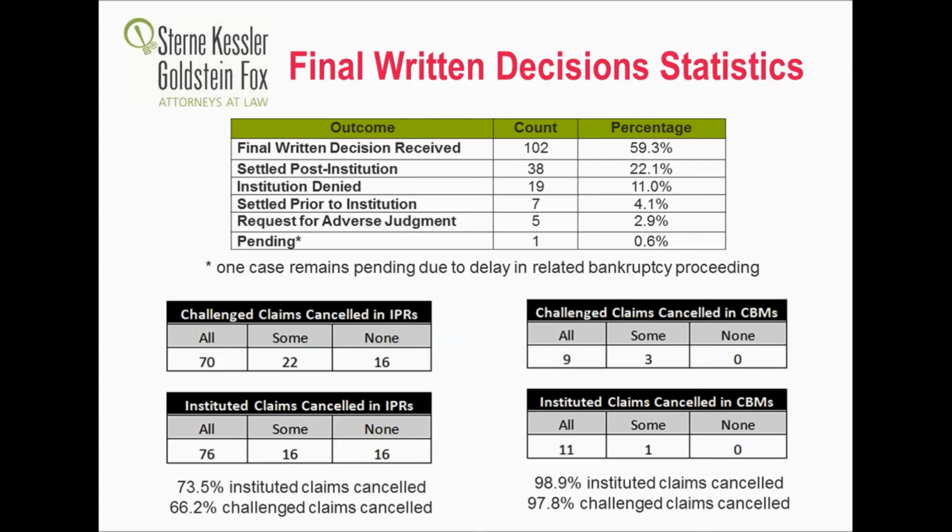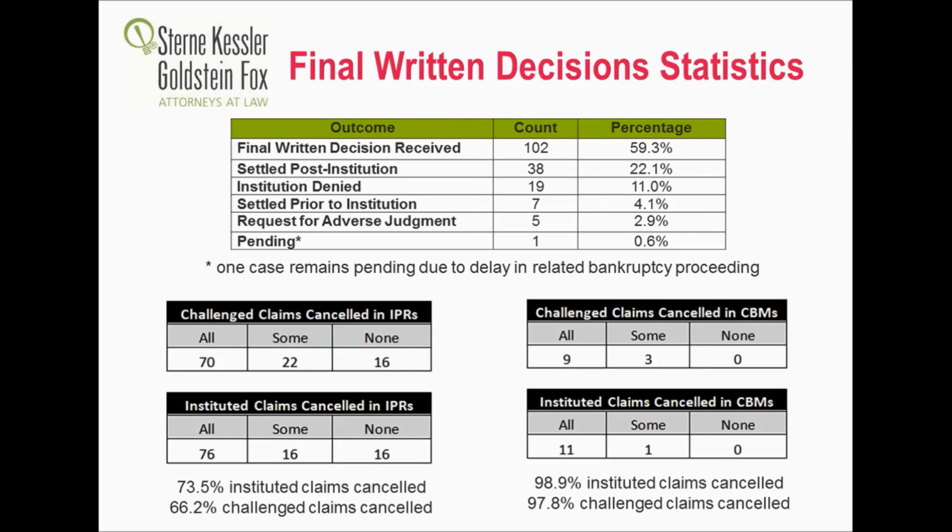So this is looking at from the petition through final written decision, how many challenge claims have been canceled completely. And we see here only 16 cases where none of the challenge claims have been canceled. So the rest, the patent has had either some or all of their challenge claims canceled.